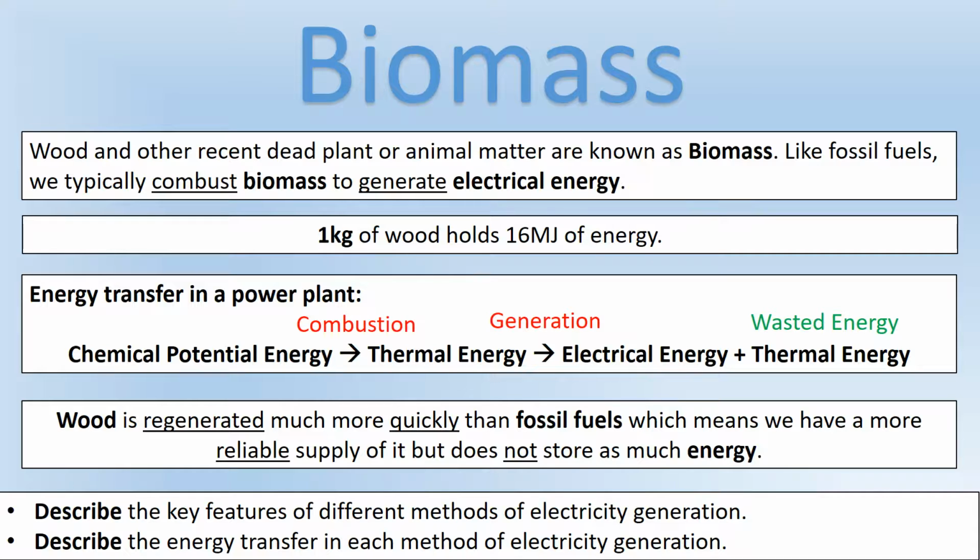This is actually even less efficient, something about 50% efficiency. The benefit of using wood is that it grows back much more quickly than fossil fuels. If we're using something like bamboo, it can grow very quickly in a matter of a few years. Fossil fuels take thousands of years to make, so wood is better because we can regenerate it faster, but it doesn't give us as much energy.